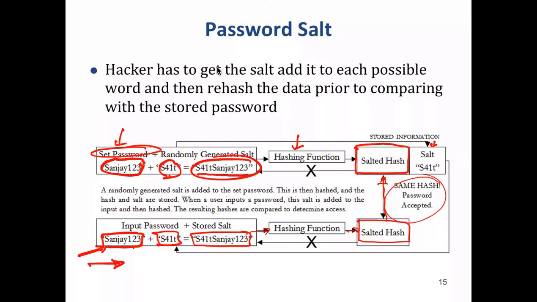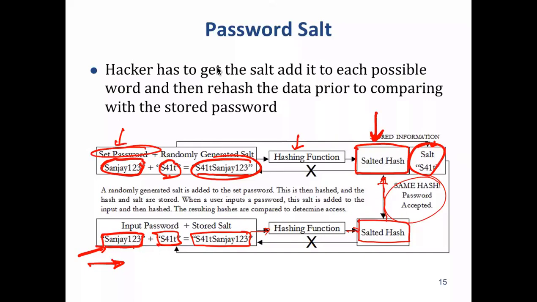The salt value is also stored in the table along with the salted hash of the password. But the plain password is not stored. So this salted hash, which is after adding salt to your password, is stored here, and the salt is also stored along with it.